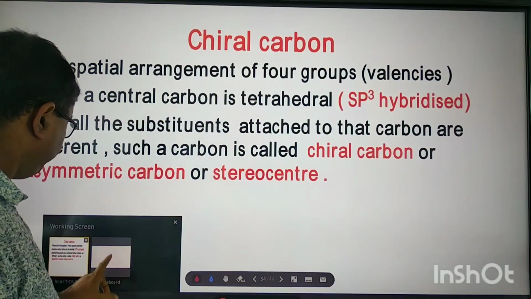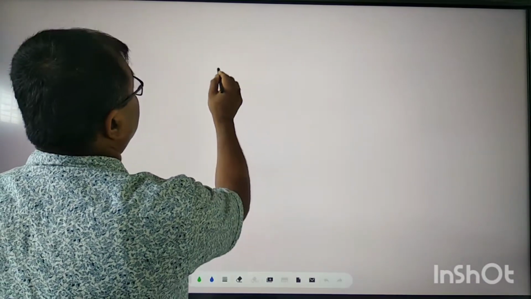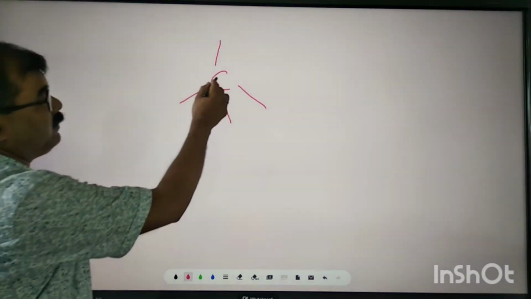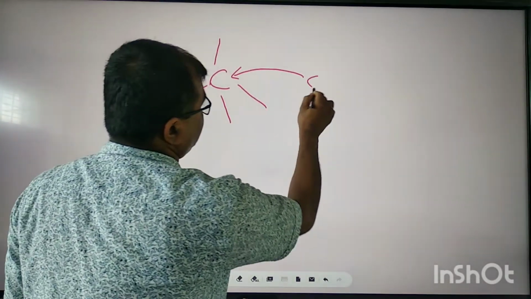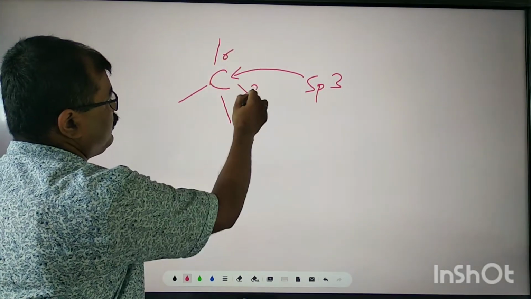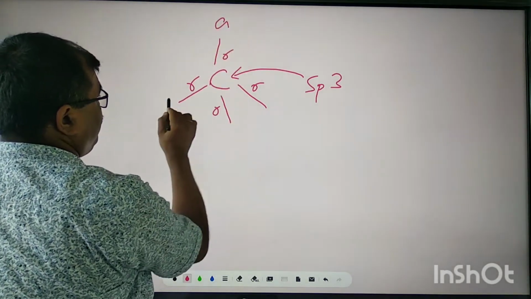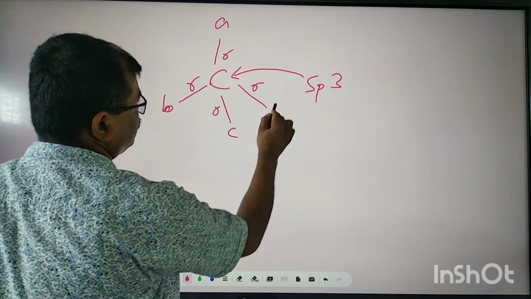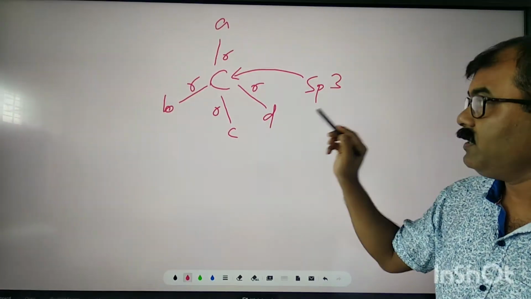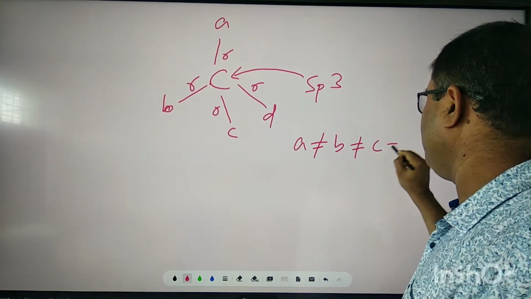That means, suppose if this carbon is sp3 hybridized, there are 4 different sigma bonds attached. So first condition is this must be sp3 hybridized. Second, A is not equal to B, is not equal to C, is not equal to D.